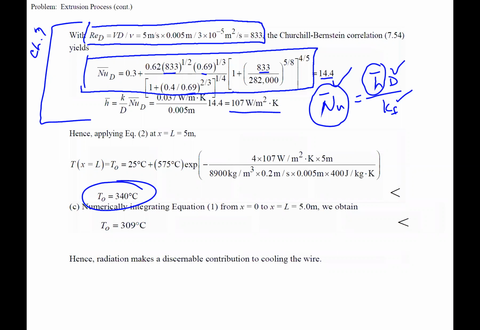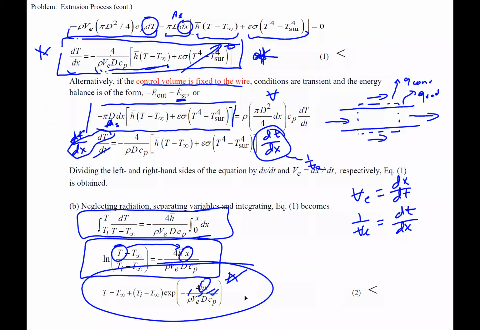So that's part B. Part C is they want you to include radiation. If you take this equation right here and include radiation, the only way to do that is to solve it numerically.